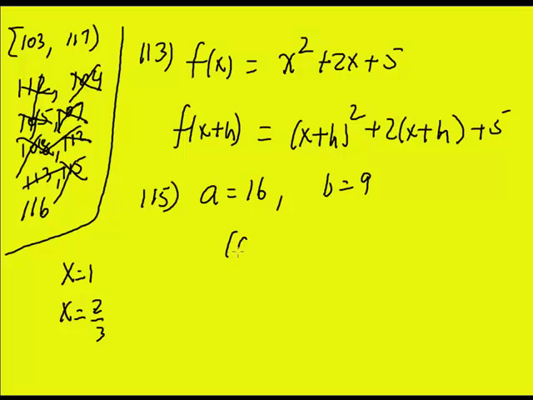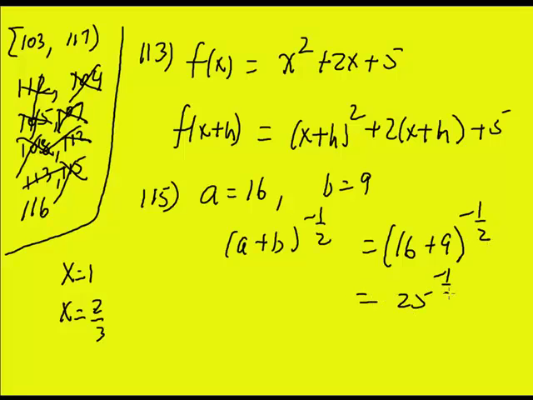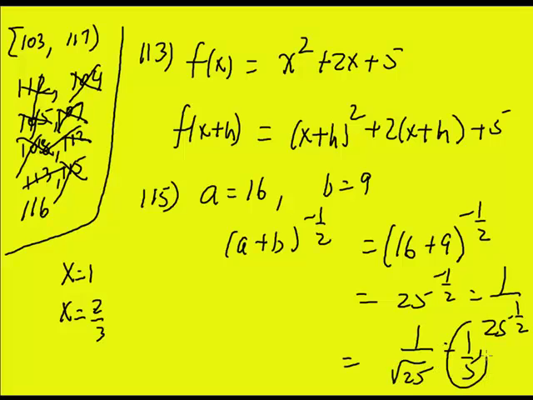They want you to find what a plus b to the negative 1/2 power is. 25 to the negative 1/2 power is 1 over 25 to the positive 1/2 power, which is 1 over square root of 25. So the answer is 1/5.